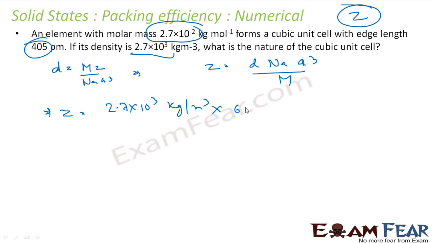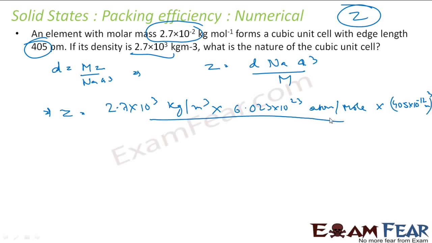Na is nothing but 6.023 into 10 to the power 23 atoms per mole. Done. A cube: since this is meter cube, we have to convert this a into meter. 405 picometer is nothing but 405 into 10 to the power minus 12 meter, and we cube it, divide by m. M is nothing but molar mass.